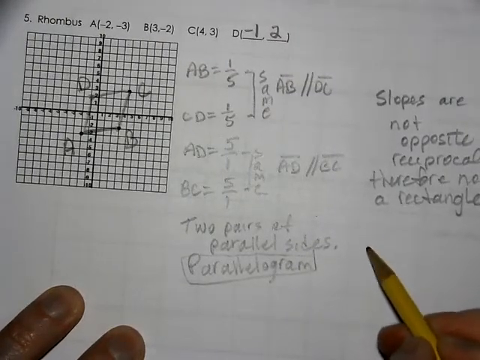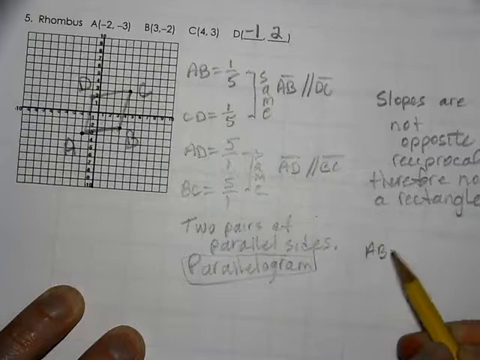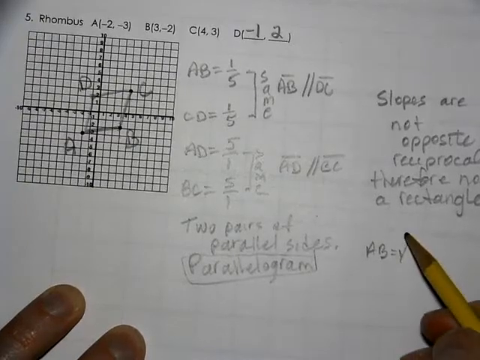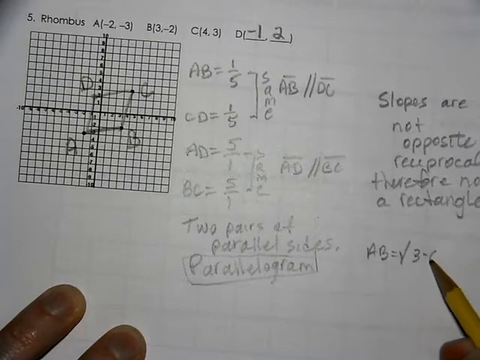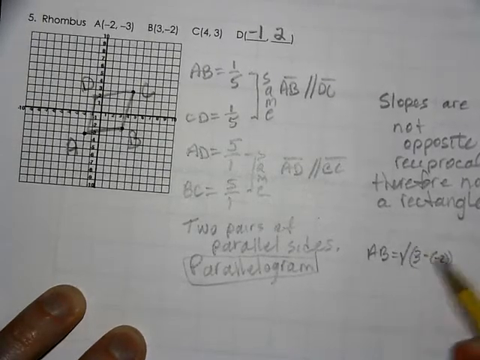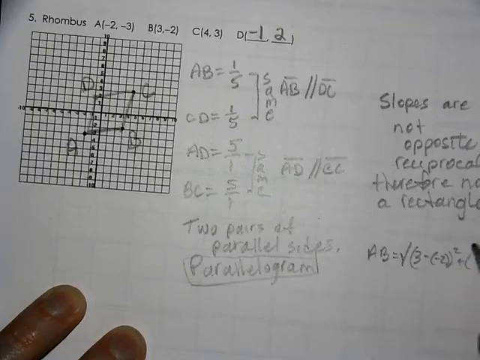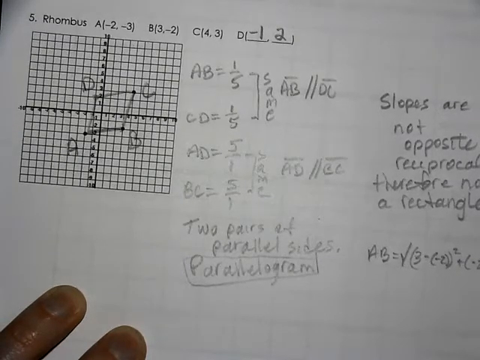So we're going to look at side AB. So we'll say 3 minus negative 2. Negative 2 minus the negative 3.